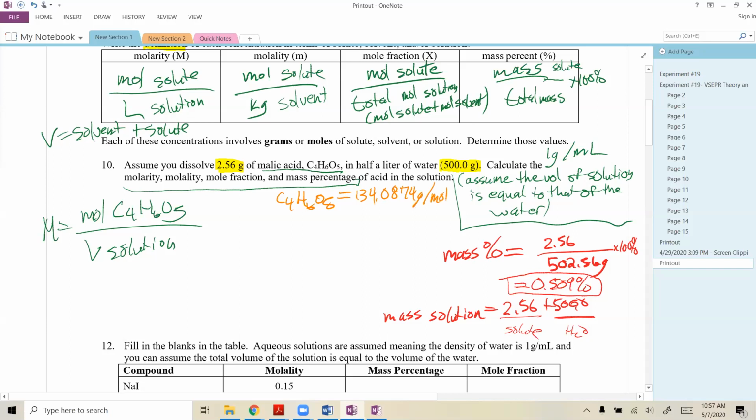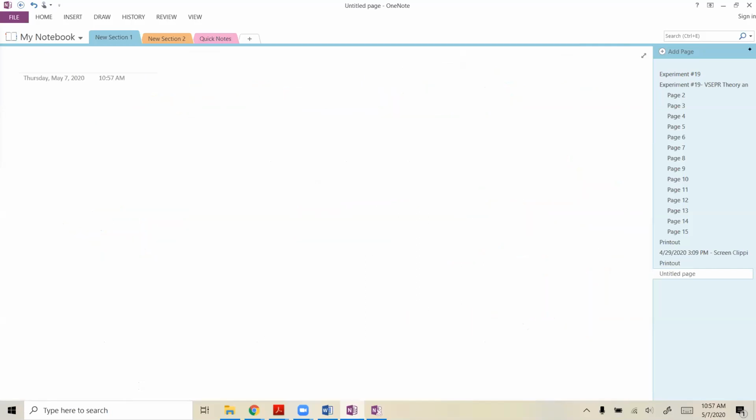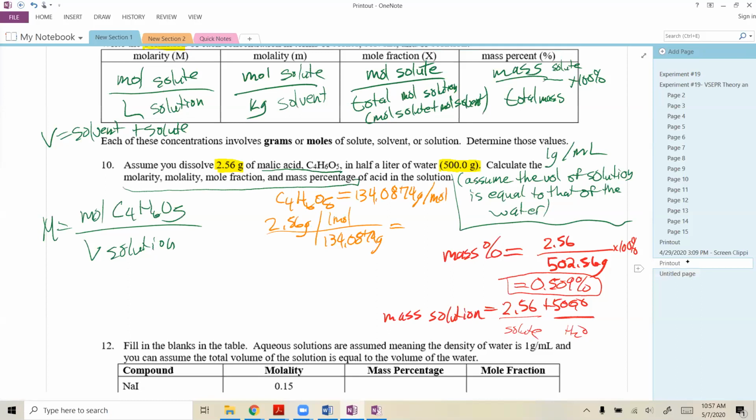And so if we take our grams, 2.56, 1 mole, 134.0874 grams, we can find our number of moles. Now, I like to keep this separate for now because we use moles of C4H6O5 a lot of different times in this problem. So now instead of having to recalculate it every single time, I can just use that value.